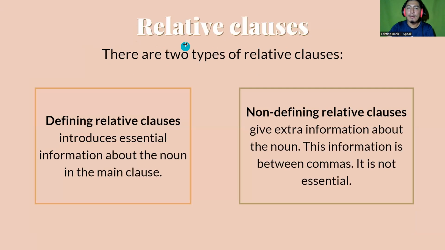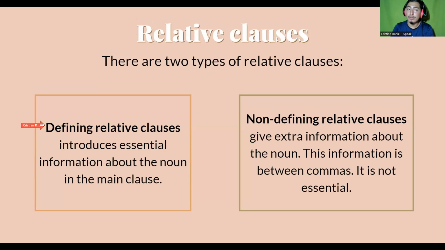When we talk about relative clauses, guys, there are two types of relative clauses. The first one is the defining relative clauses. You can see the definition. I will not read it right now because we will read it when we introduce this topic, okay?